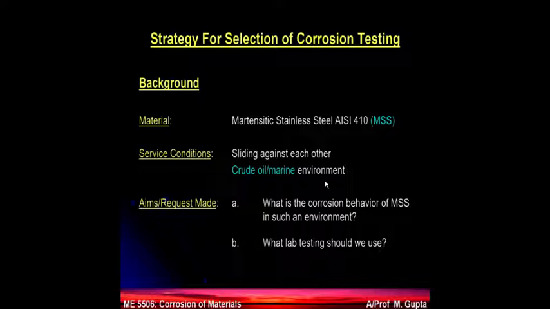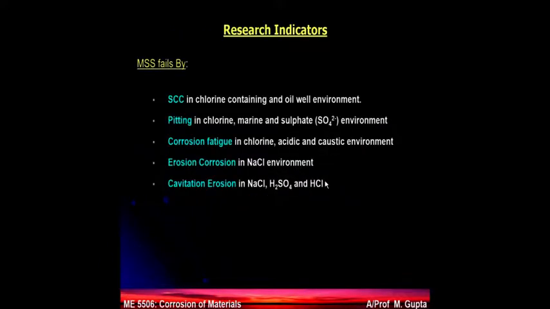So the request made was: what is the corrosion behavior of MSS, martensitic stainless steel, in this condition, and what lab testing should they use to ensure that they do not fail prematurely, because every day of operation shutdown may cost them millions of dollars, so they don't want to stop the production.